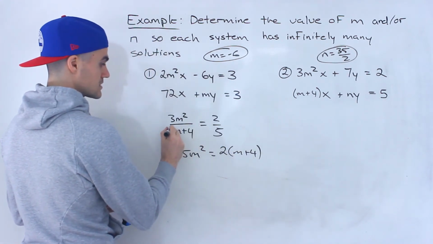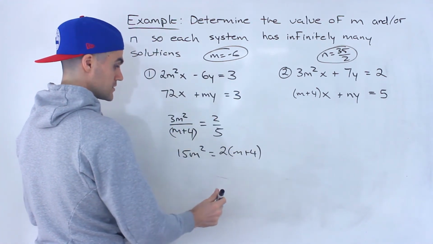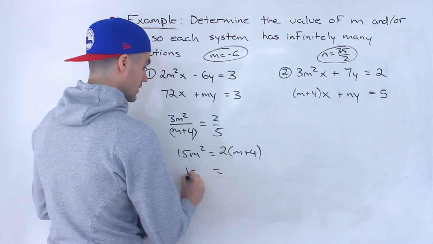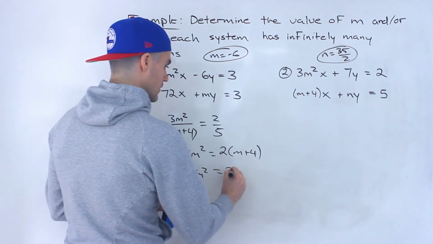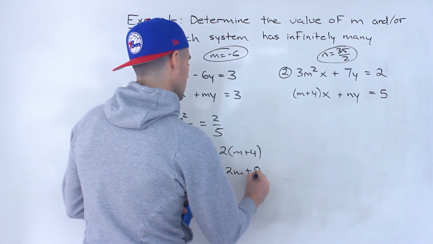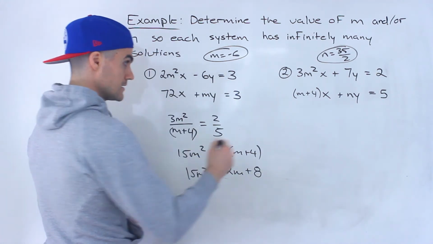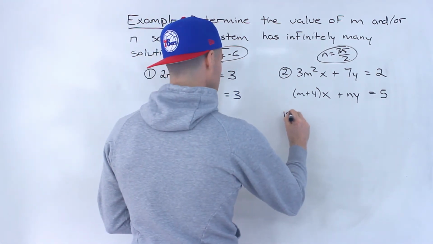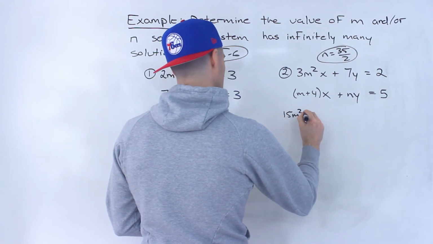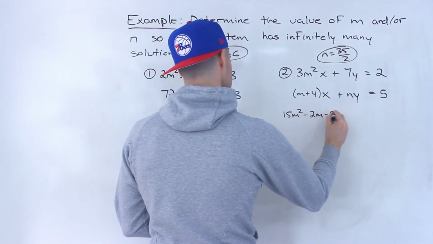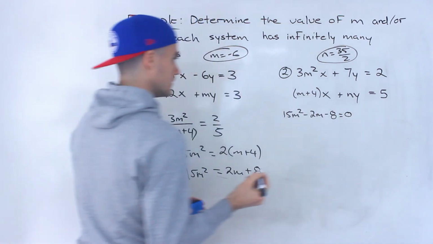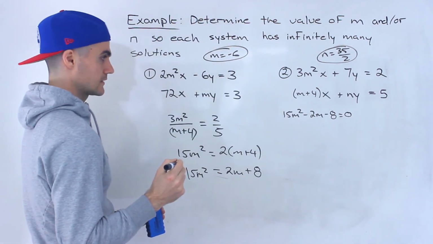You have to treat this as an entire expression you're multiplying by 2. From here, bring everything to one side, so you would have 15m squared minus 2m minus 8 equals 0.